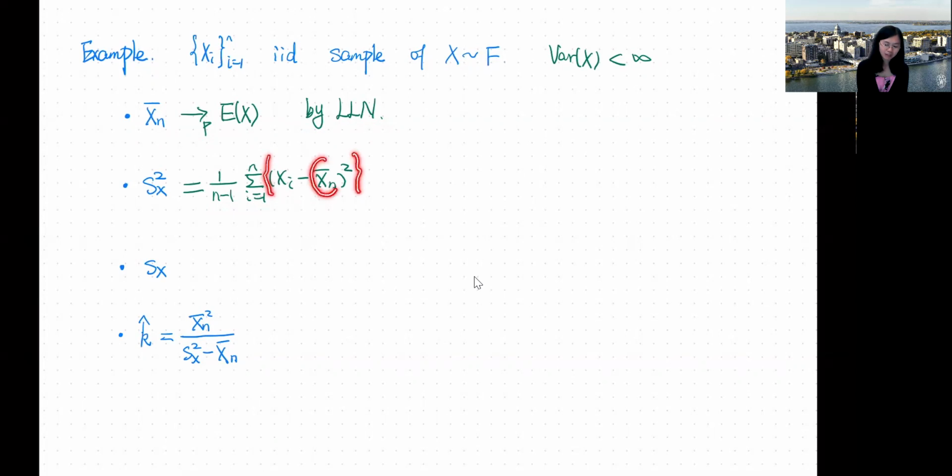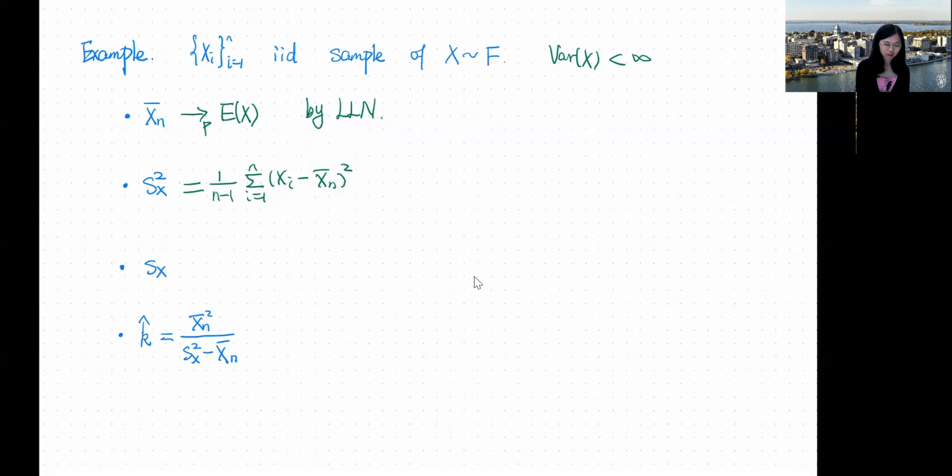Because xn bar appears in the observation for every i, and that creates dependence across i. You can treat this as a random variable, as an observation, but that observation is not IID across i because of the common element xn bar. So you cannot apply LLN directly.